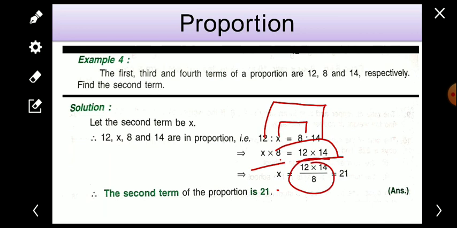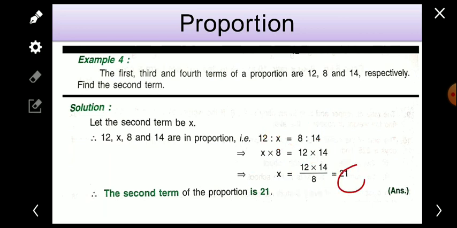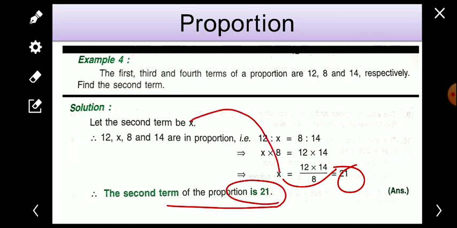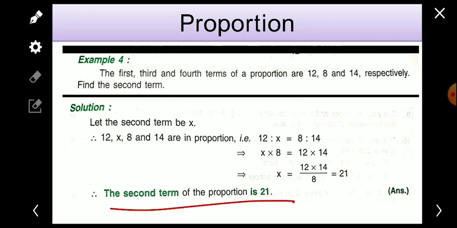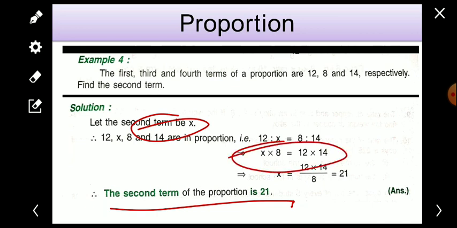If we simplify it, we will get the value 21. So we have got the value of x as 21. And x is the second term, so the second term is 21. So simply we will consider x if any term is not given, and we will simplify using the formula that the product of means is equal to the product of extremes.